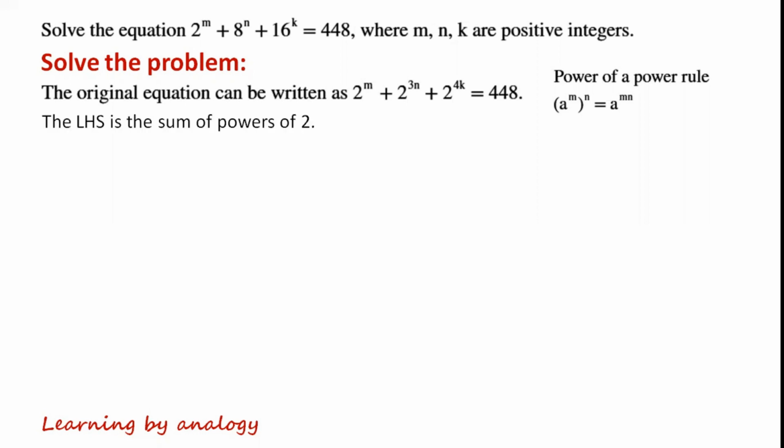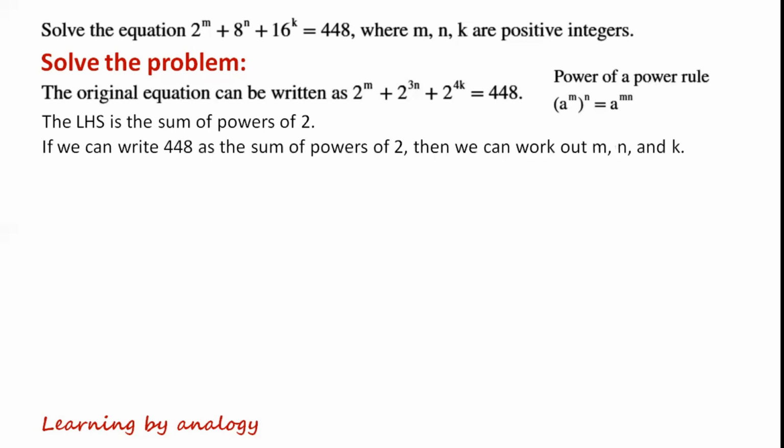The left-hand side is the sum of powers of 2. If we can write 448 as the sum of powers of 2, then we can work out n and k.